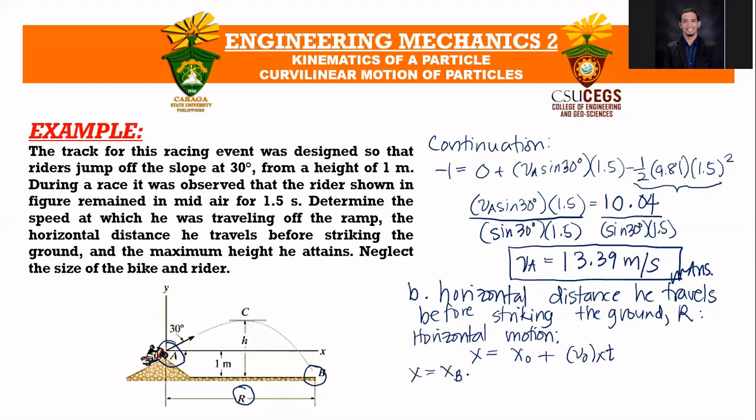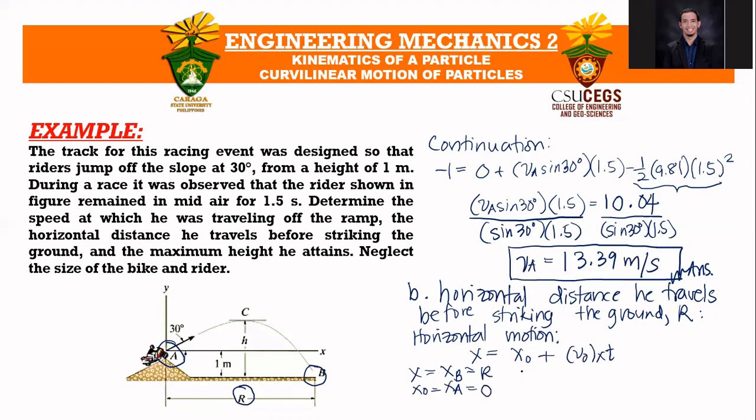So that is equal to the variable r. The initial position for the x component, that is equal to xa. And since it acts on the origin, that is equal to 0.